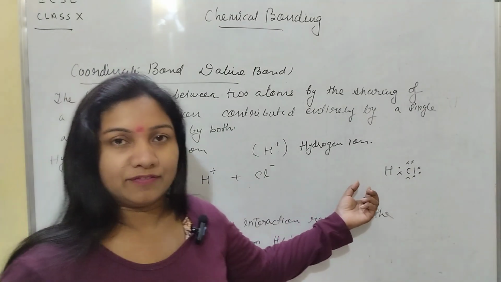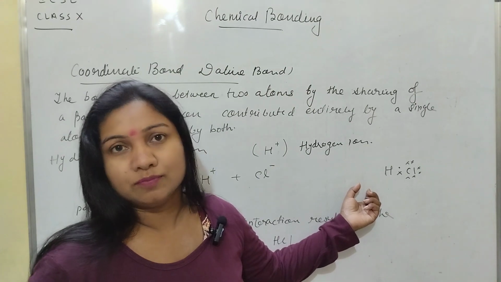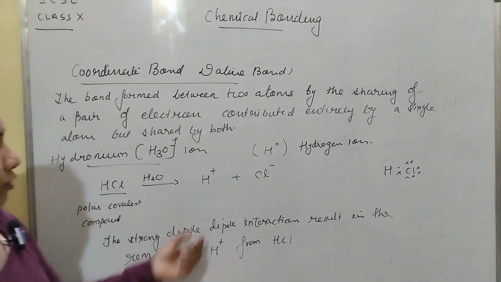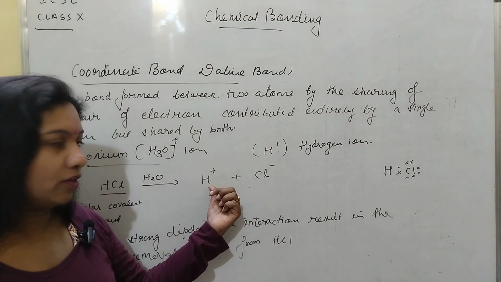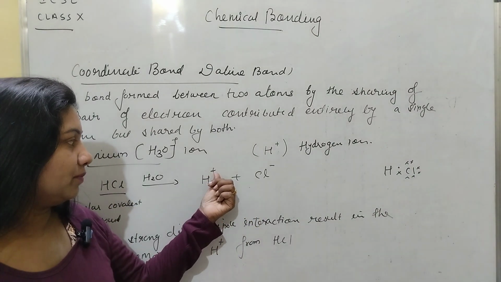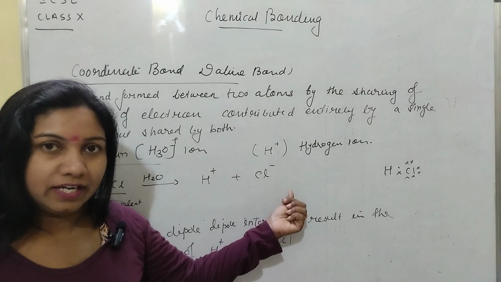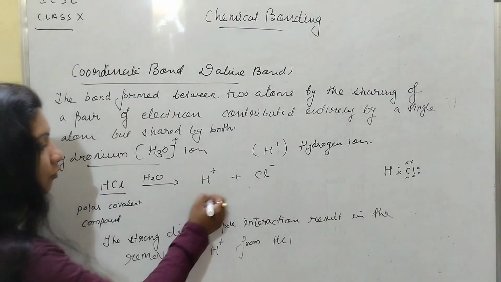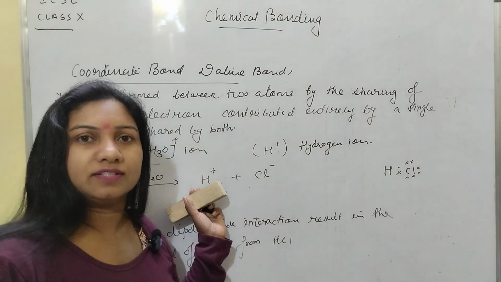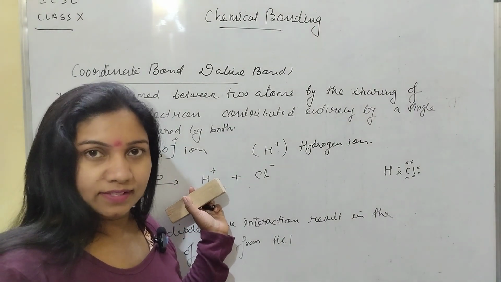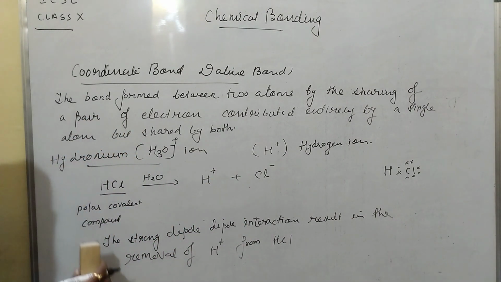So hydrogen is left with nothing, and that is why it develops a positive charge. Due to dipole-dipole interaction, chlorine takes away the electron of hydrogen, hydrogen develops a positive charge and chlorine a negative charge. The species formed here is the hydrogen ion, but this species is extremely unstable. It doesn't exist.